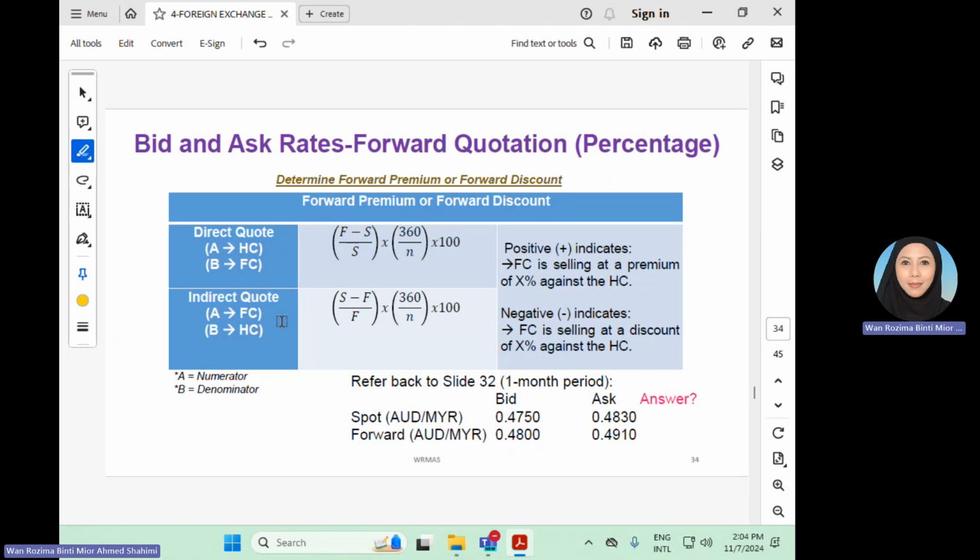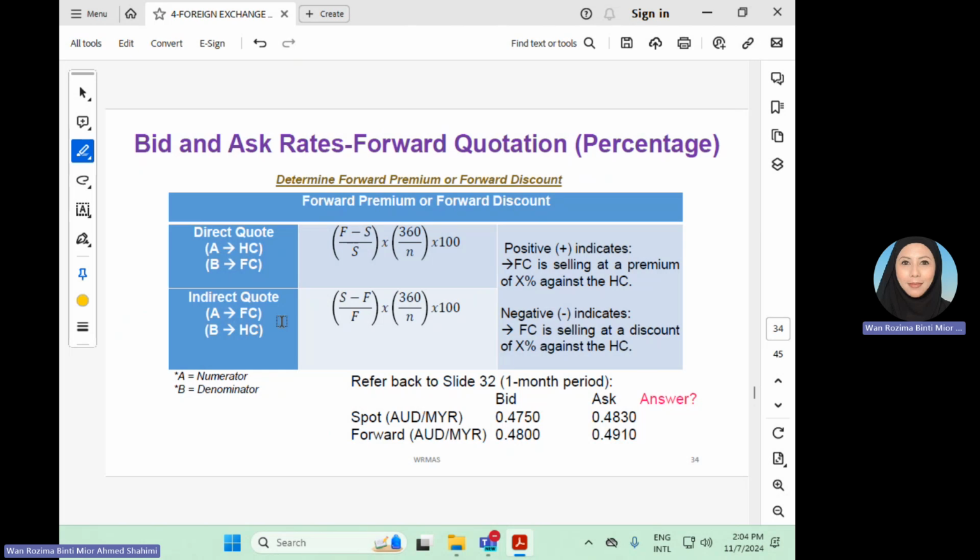Do you get 12.5%? Am I right? Do you get 12.5? Hello? No response? Okay. What does it mean by that? Remember, the interpretation is from the perspective of foreign currency.